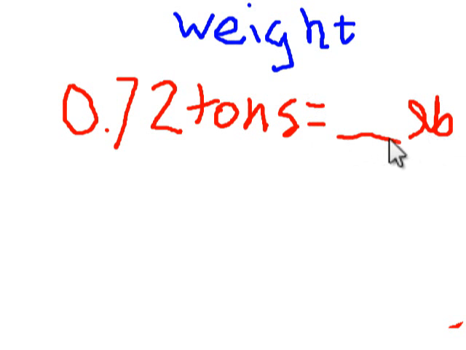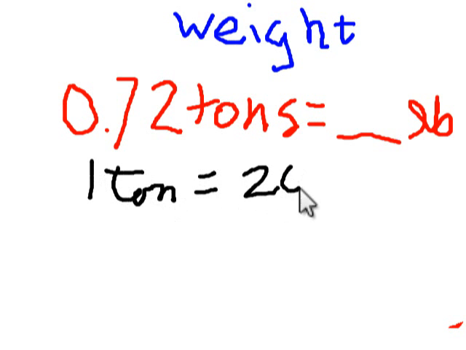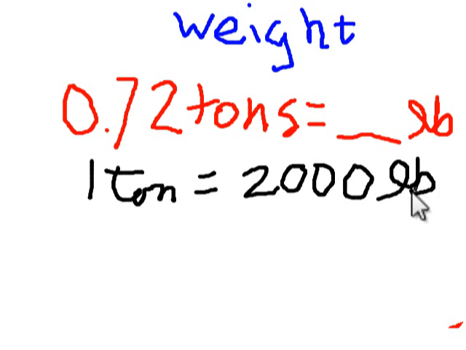One thing we need to know is the magic number for tons and pounds is that 1 ton equals 2,000 pounds. So that means a ton is a lot. Like you would weigh elephants in tons. And also you know a ton is way bigger than a pound, so it's going to take a lot more pounds than it does tons to equal the same amount.